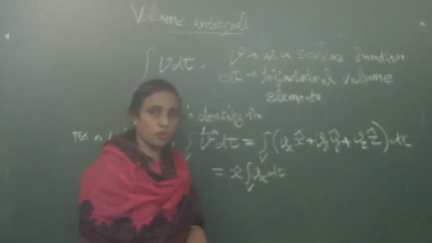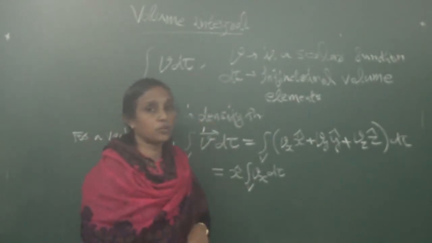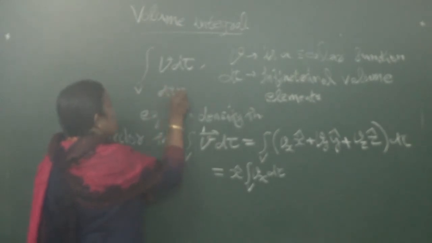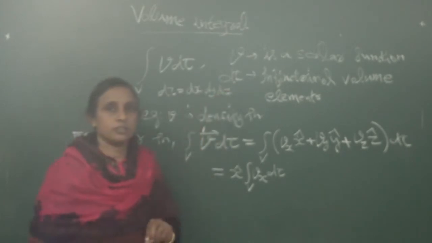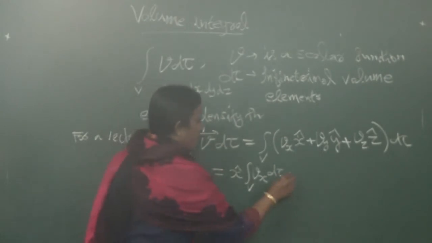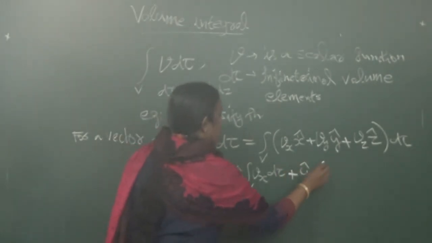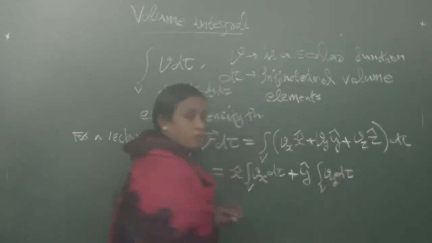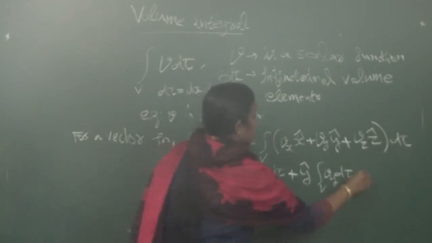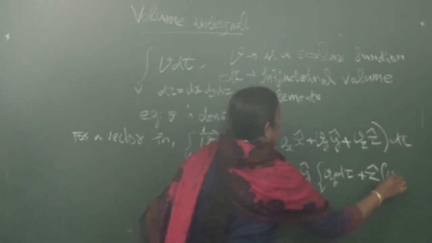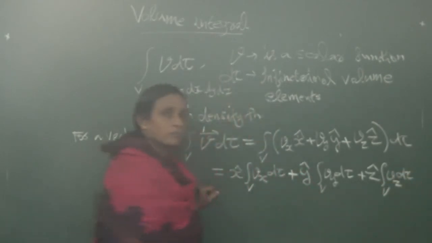In the Cartesian coordinate system, dτ is equal to dx dy dz. So we have x̂ integral Vx dτ plus ŷ integral Vy dτ plus ẑ integral Vz dτ.